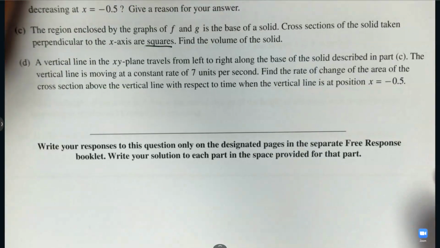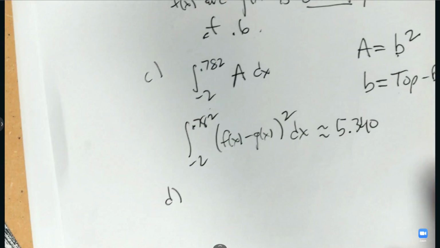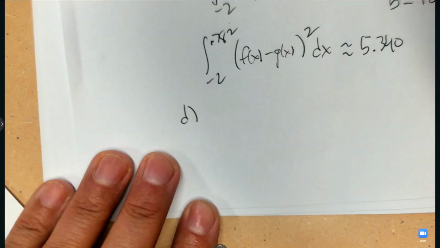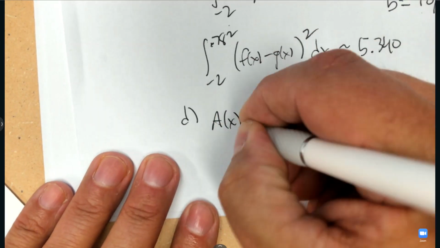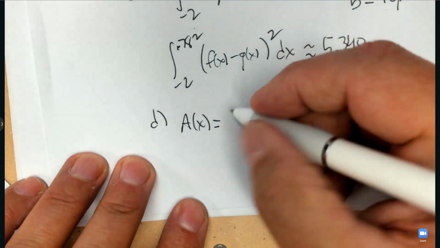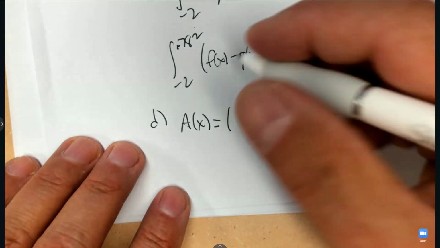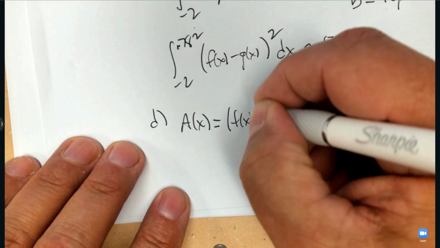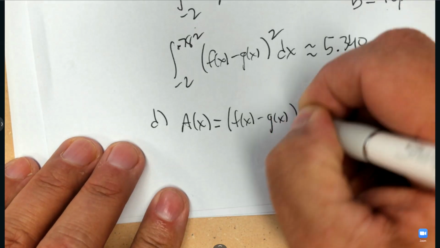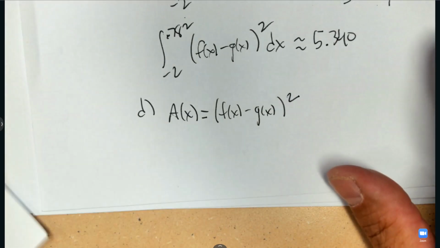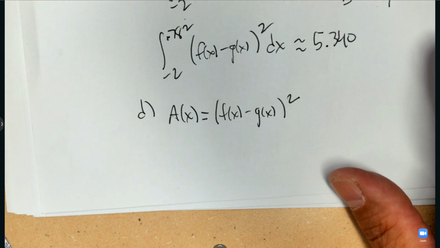All right, so for this one, we're just going to look at one cross section, and to find the area of that cross section, we're not going to integrate to find the volume, just that one cross section is going to be top subtract bottom, and we square it. So if I looked at one cross section, what's the area of one cross section?